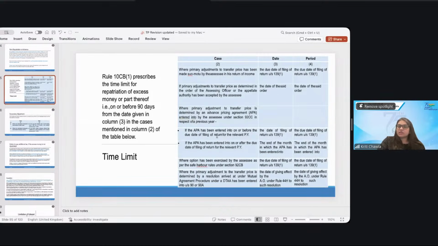Where it is with respect to the APA, then it's going to be the date of filing of the APA. Where the option has been exercised by the assessee as per safe harbor, then the due date of filing return. And if it is MAP, then the date of giving effect by the AO under Rule 44H to such resolution. So this is the time limit which is provided for the purposes of MAP.